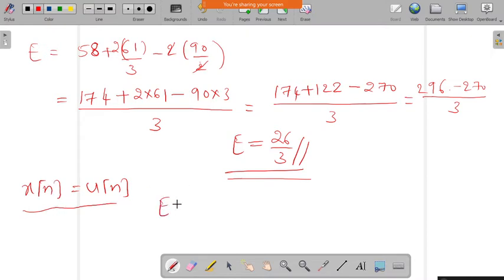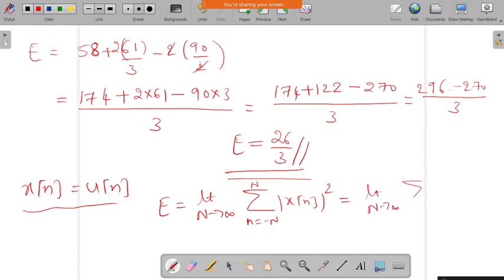Okay, so for that, write the expression for energy, which is limit n tends to infinity, summation n equal to minus n to plus n, x of n magnitude square. Now for this particular problem, put x of n as u of n, so limit n tends to infinity, summation n equal to minus n to plus n, u of n square.